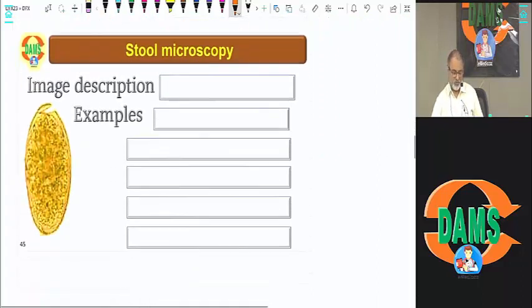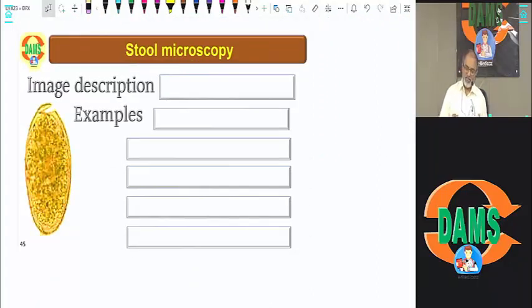Next is stool microscopy. Very simple. Can you tell what type of egg it is? After seeing the egg itself, you should tell it is an operculated egg.